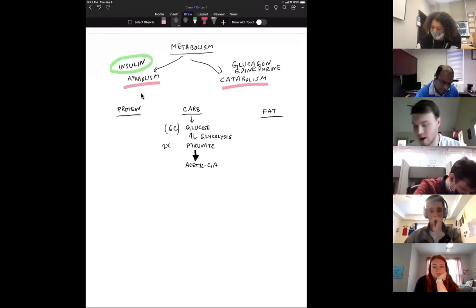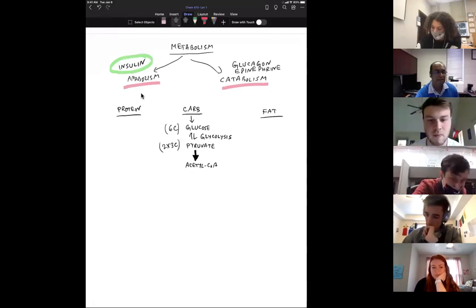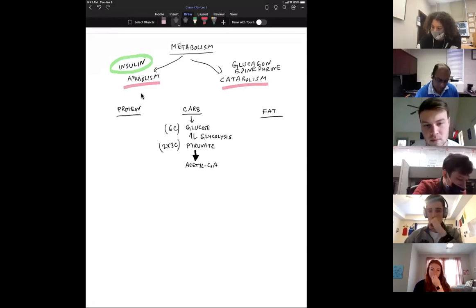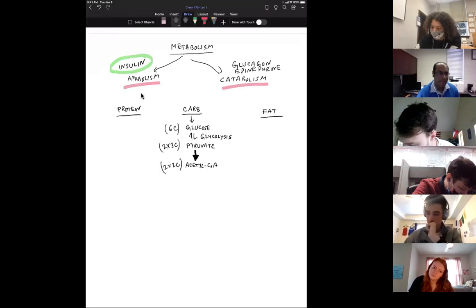So we get 3 carbons, 2 molecules of pyruvate from one cycle of glycolysis. And what about acetyl CoA? How many carbons in acetyl CoA? 2. So we'll get 2 of acetyl CoA, 2 carbons. So we have lost 1 carbon, right?